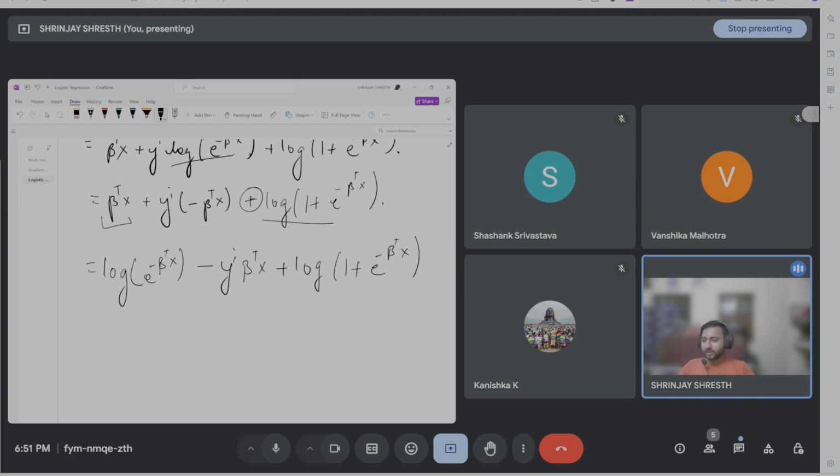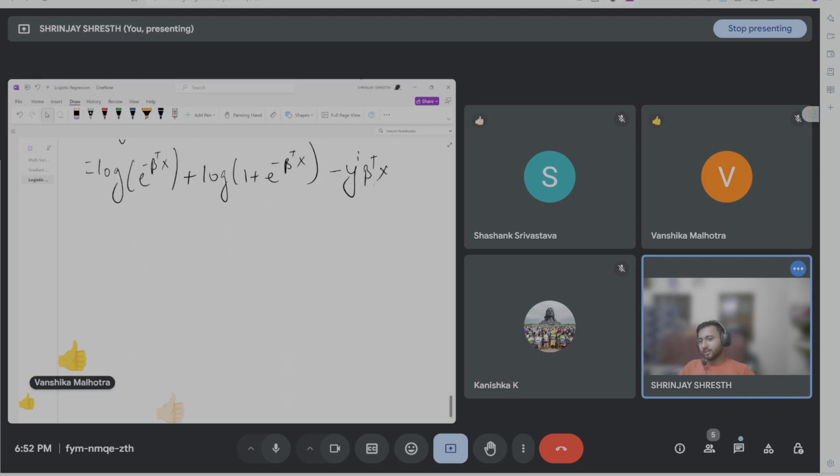So if I just reshuffle it, you have something as log e minus beta transpose x plus log 1 plus... शायद log a plus log b कोई प्रॉपर्टी होता है ना.